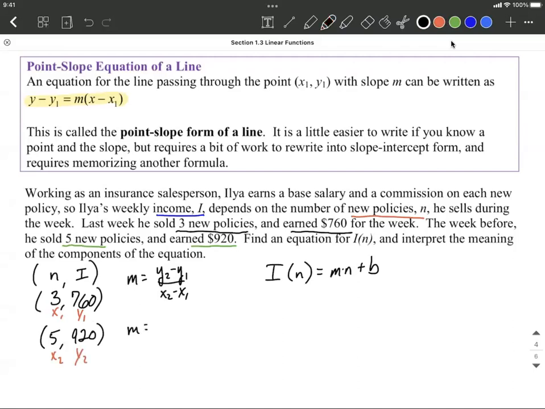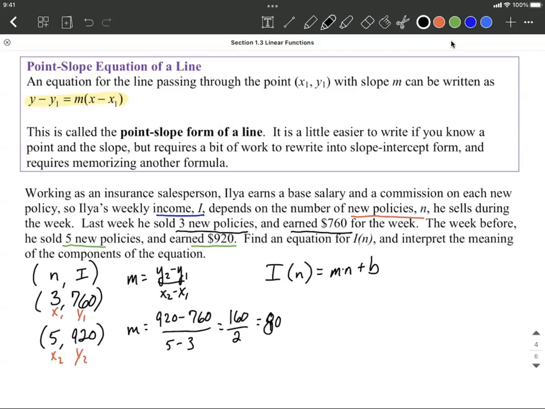So m equals 920 minus 760 over 5 minus 3, which is going to be 160 over 2, which is 80 for our slope.